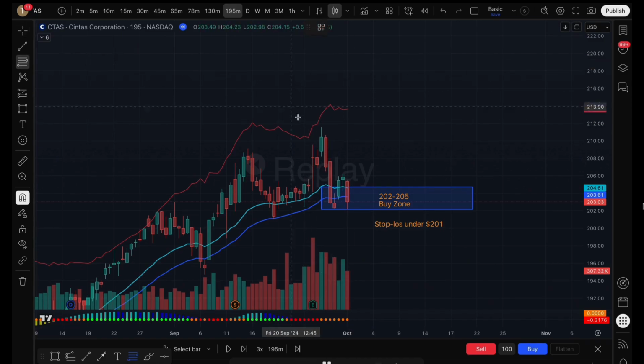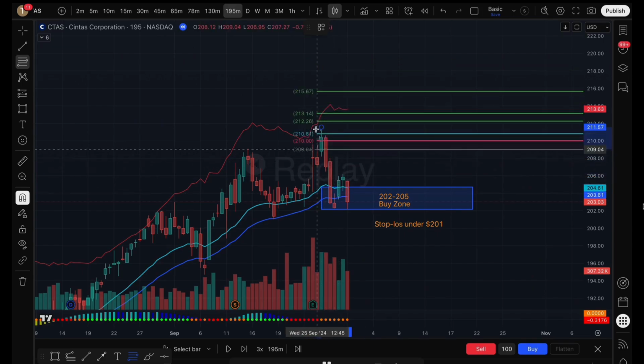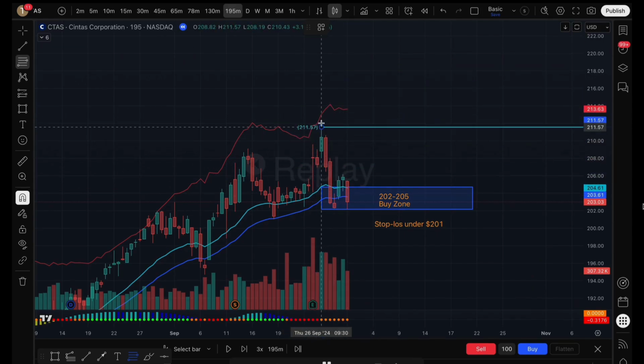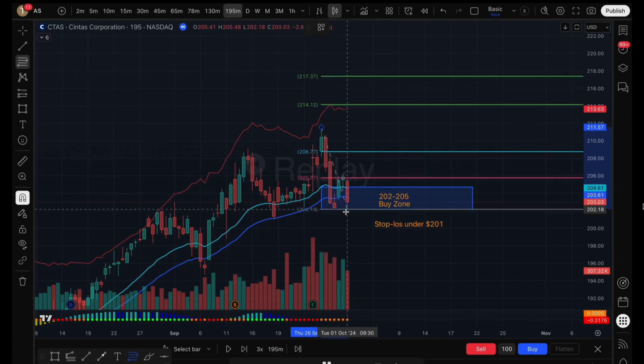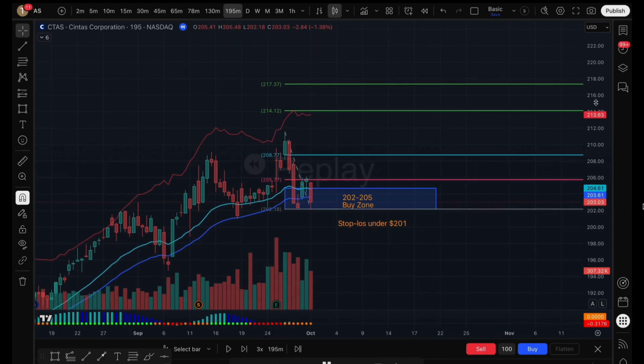I'm going to go to the most recent swing high, or the highest high I can find, and then I'm going to click. It's a 2-point tool. So you click that swing high, and then you come down to the low, and you click as well. What this is going to give you is some areas where you can exit the position for a win.